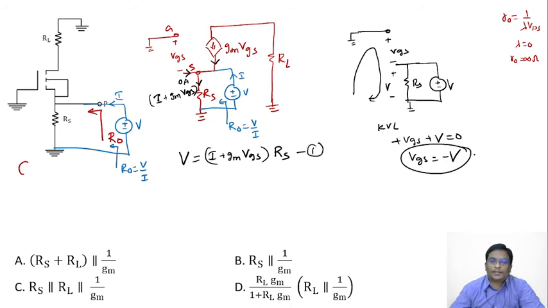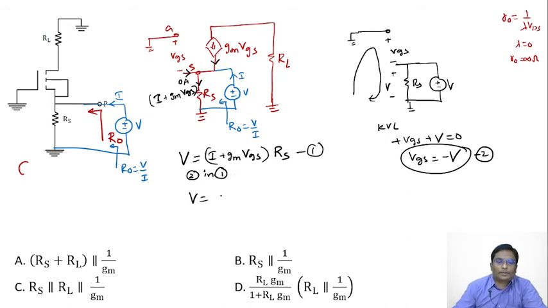Let this be equation 1 and this be equation 2. Let us substitute 2 in 1. Then V equals I plus gm into VGS, and VGS is minus V, into RS.